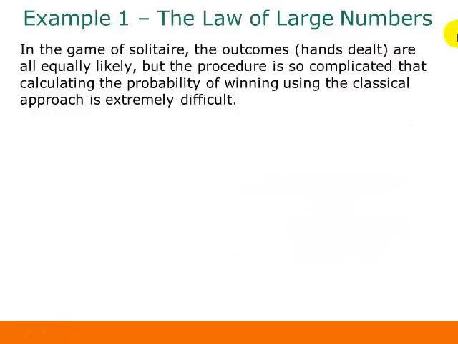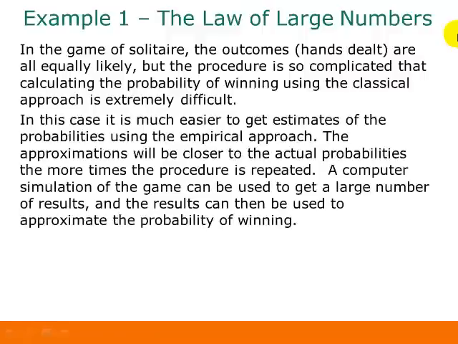Here's an example. In the game of solitaire, the outcomes, or the hands dealt, are all equally likely, but the procedure is so complicated that calculating the probability of winning using the classical approach would be extremely difficult. So in this case, it's much easier to get estimates of the probabilities using the empirical approach.